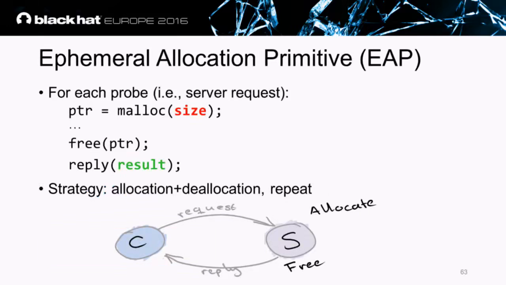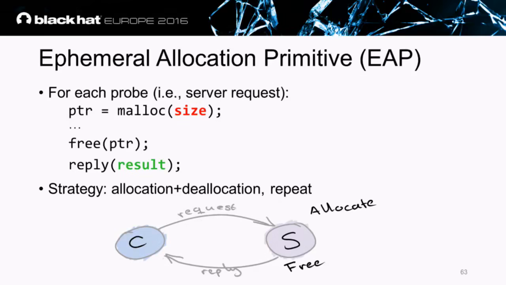We define two primitives. One primitive of allocation oracles is the ephemeral allocation primitive, where the allocated memory is short-lived. So it gets allocated, but shortly later it gets deallocated. And it looks as follows. You control the size of, for example, a malloc function.